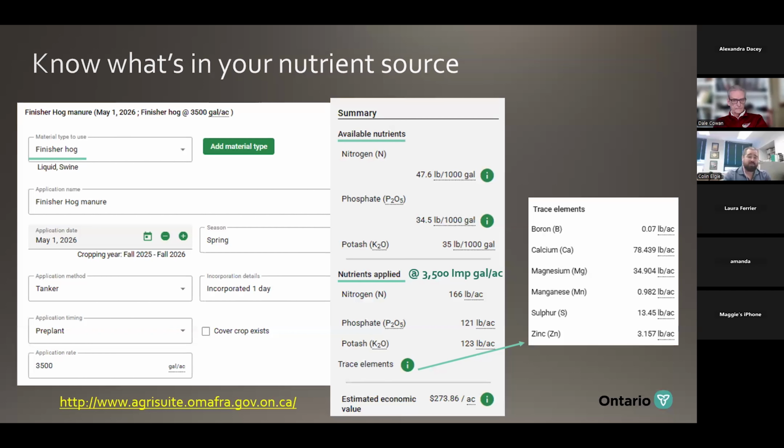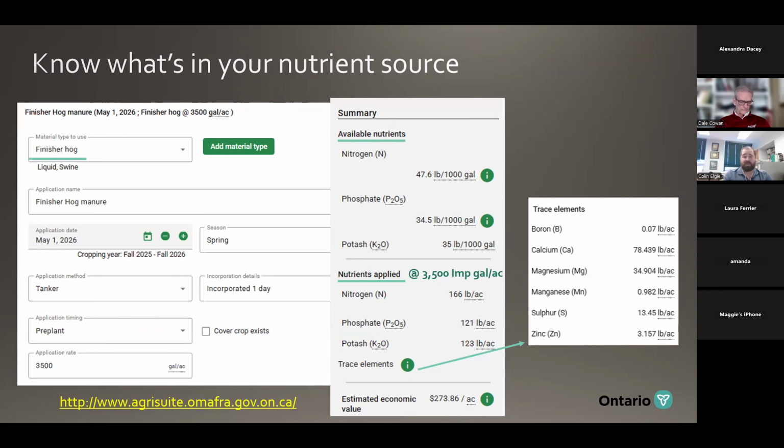So the other aspect that is critically important, when we're talking about nutrient sources, is knowing exactly what's in them. And I've got an example here that shows a screen from Agris, which, as we explained last time, is our free software and especially useful for calculating nutrient needs and manure nutrient availability.